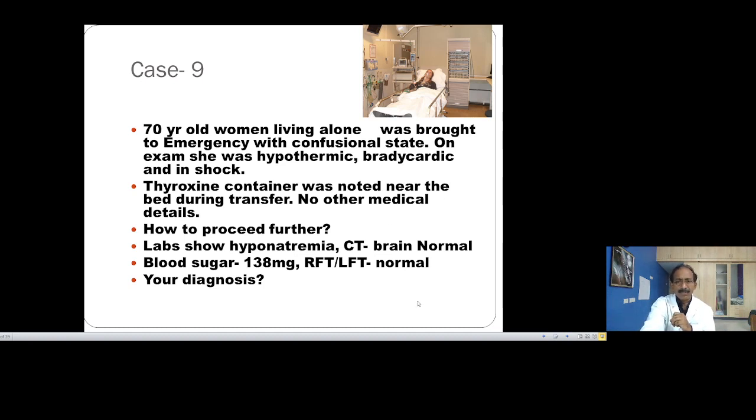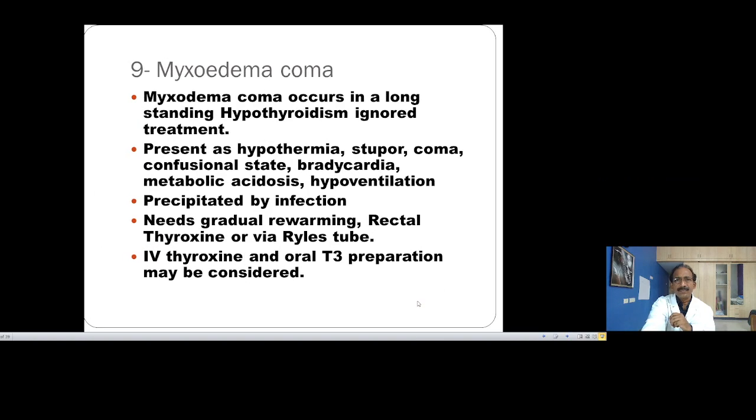The lab shows hyponatremia, CT brain normal, blood sugar 138. Your diagnosis? Yes, myxedema coma. So the patient is confused, hypothermic, bradycardic, and she's in metabolic acidosis, all kinds of such cases. It's not CVA.